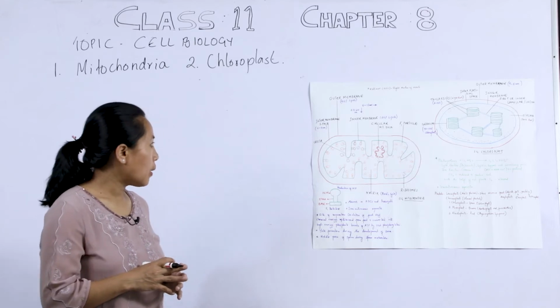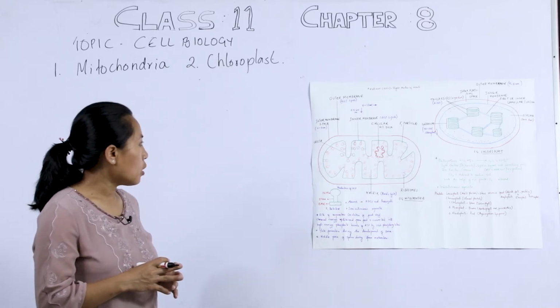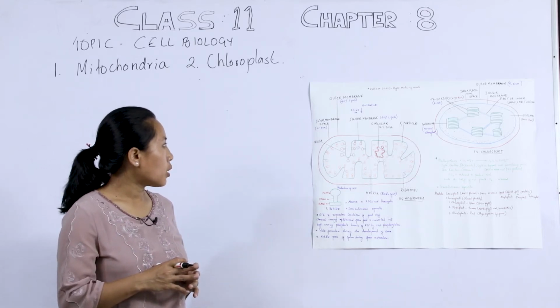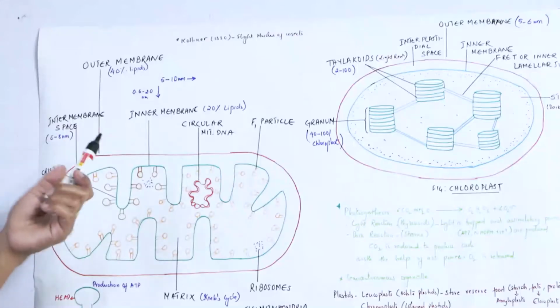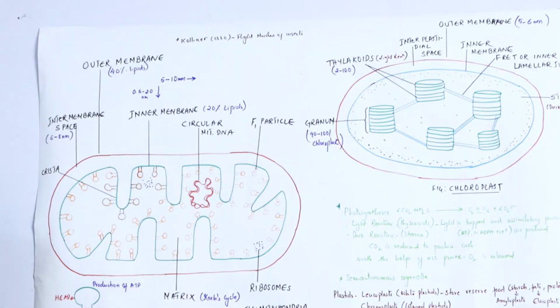In ultrastructure, the mitochondria consist of two membranes, the outer membrane and the inner membrane, and the space between them is known as the intermembrane space or intermitochondrial space, which measures about 6 to 8 nanometer.